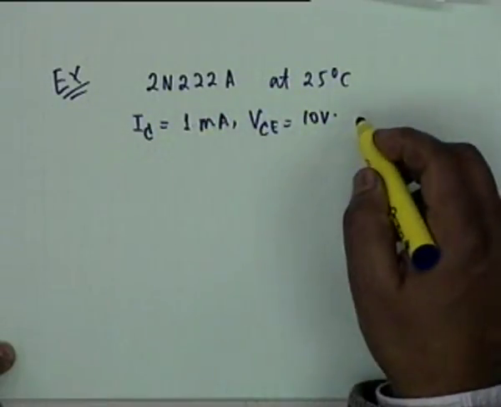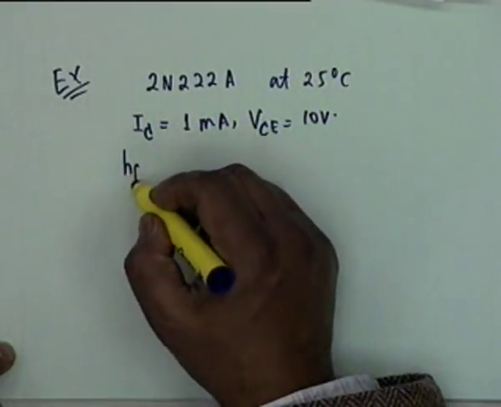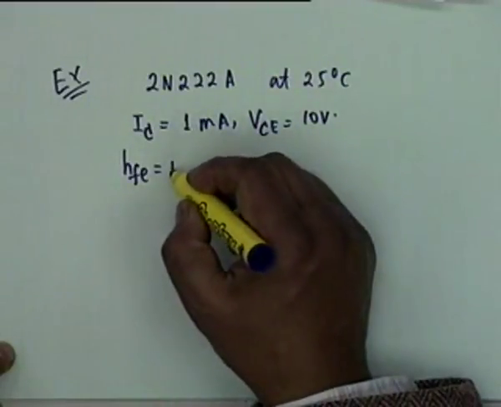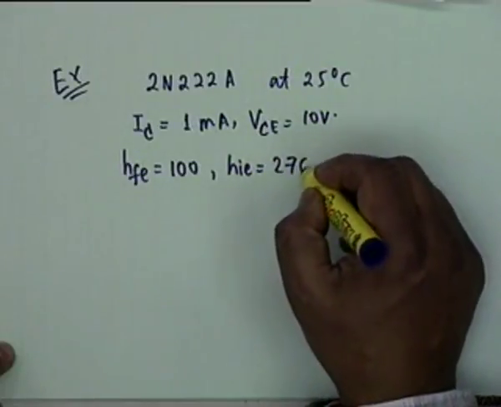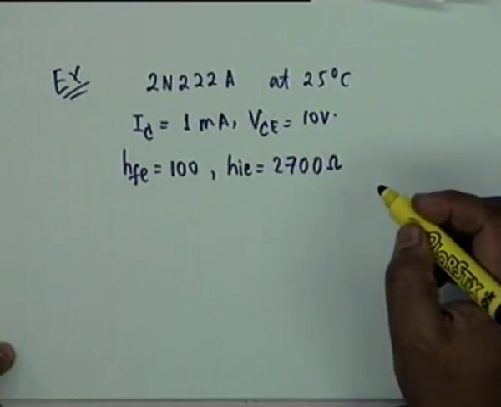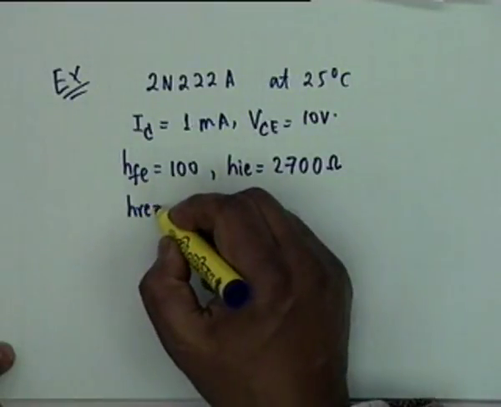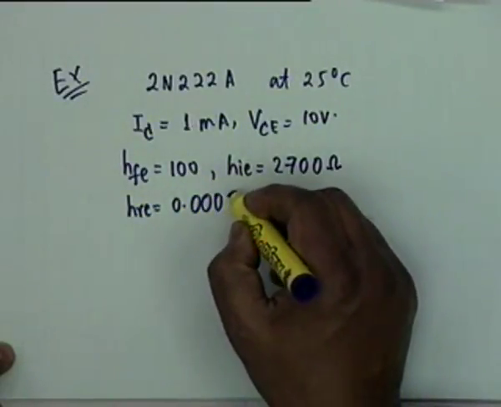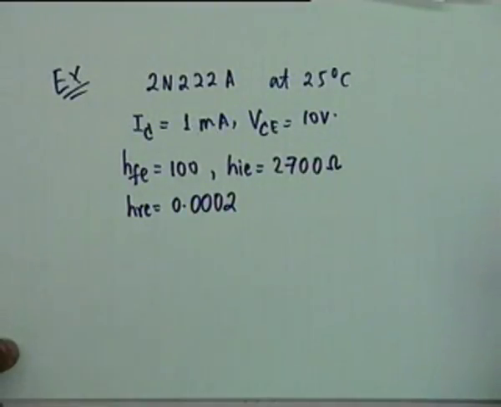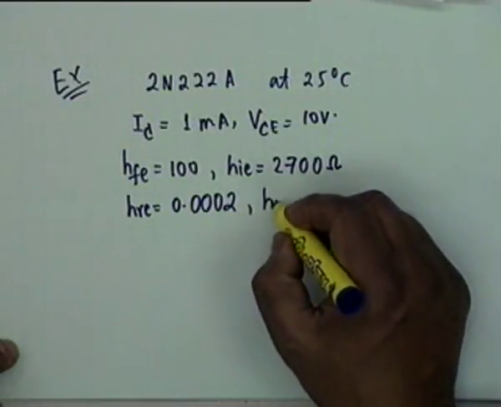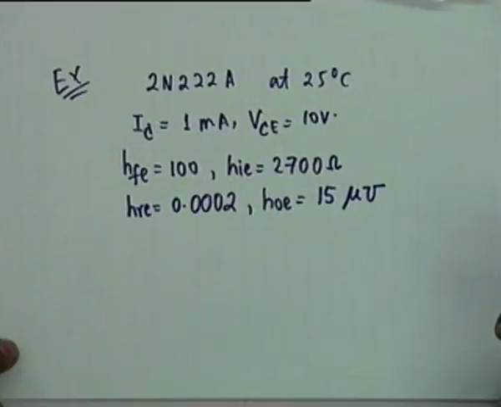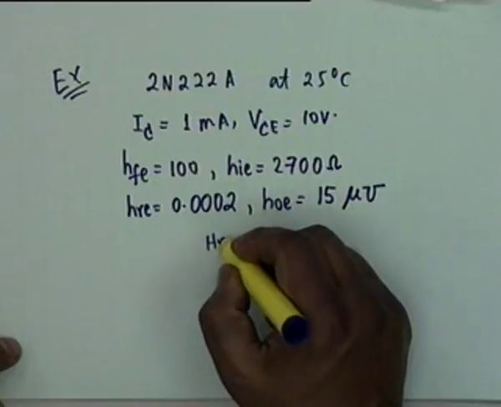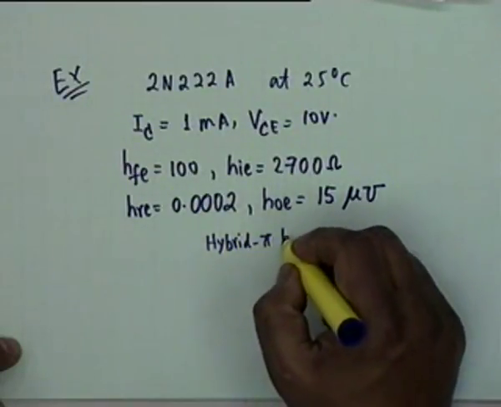At this Q point, the parameters measured or given by the manufacturers are HFE is 100, HIE is 2700 ohms, HRE is 0.0002, 2 times 10 to the minus 4, indeed a small quantity, and HOE is 15 micromhos. The question is to find the hybrid pi parameters.